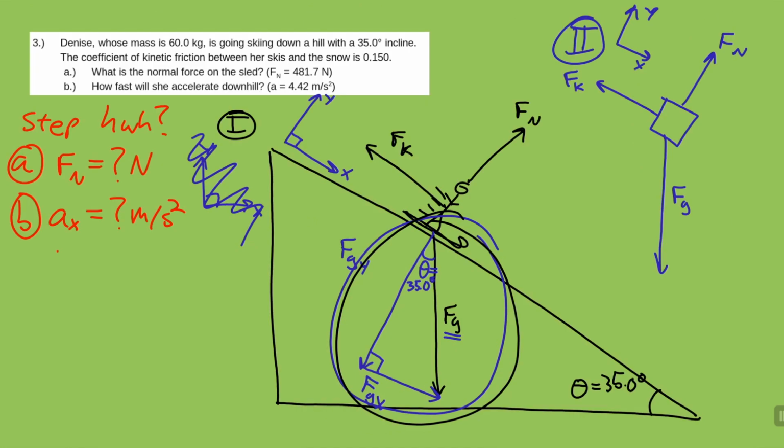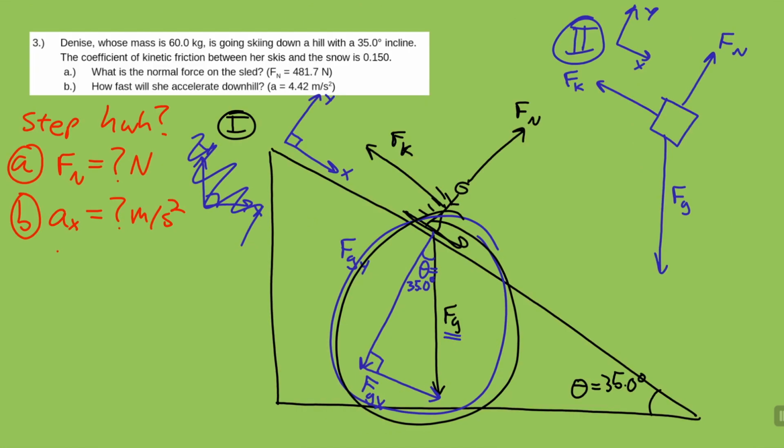So I guess I'll keep going with black because it's a new screen. Do step 3 and do the y side first. So step 3, sigma f sub y with a hat is equal to m a sub y with a hat. Now let's think of a sub y again. Let's go back to our sketch.